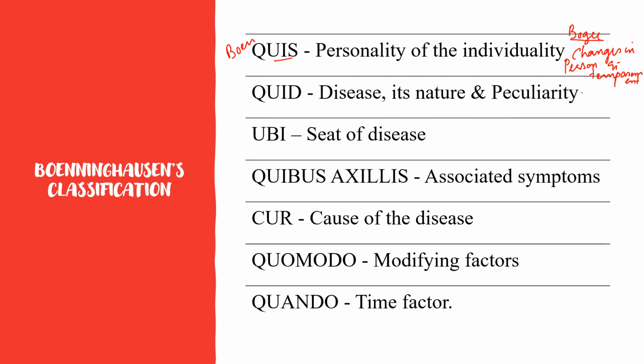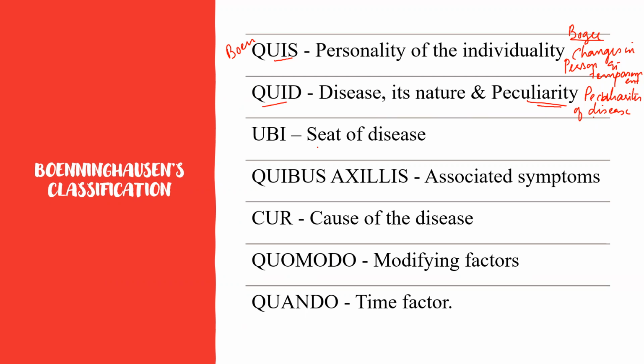In the same way, Boger has told peculiarities of disease. So peculiarities of the disease is the second one which Boger has told. So quis is personality of the individual, in Boger's terms changes in personality and temperament. Quid, disease, its nature and peculiarity; in the words of Boger, peculiarities of the disease.